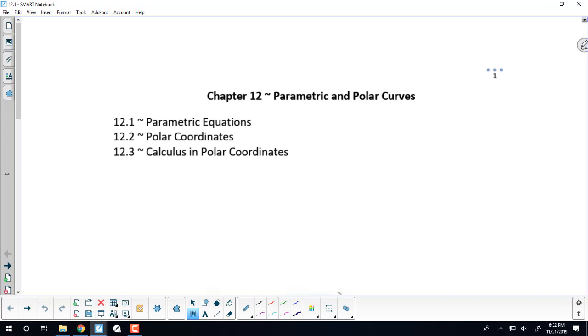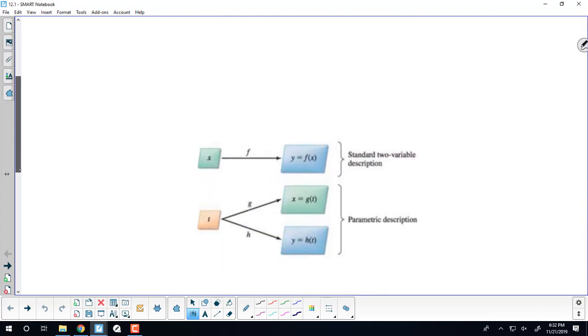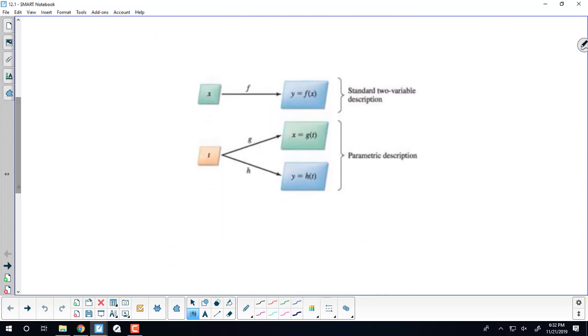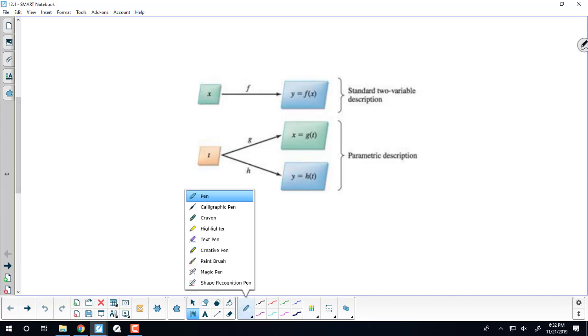But what we're discussing in 12.1 is the idea of a parametric equation. It just means that you've got an equation that's defined by a parameter instead of a single thing like we think of the input, the output. x is the input into some function, gives me some y value. That's pretty standard up to this point. What we're going to look at here is this other situation where we have our parameter t.